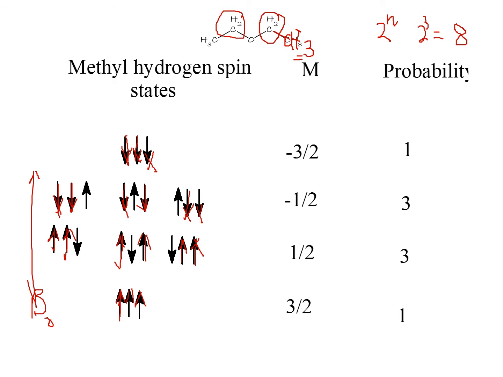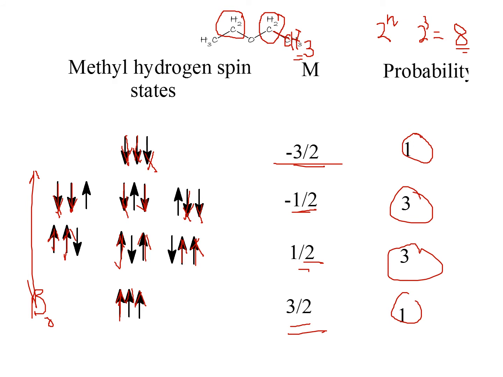That's one orientation, and 3, 4, and 3, 7, and 1, 8. 1, 2, 3, 4, 5, 6, 7, 8. 8 orientations. The magnetization here is minus 3 over 2, minus half, 3 by 2. The probabilities would be 1, 3, 3, 1. So the quartet will have these intensities.